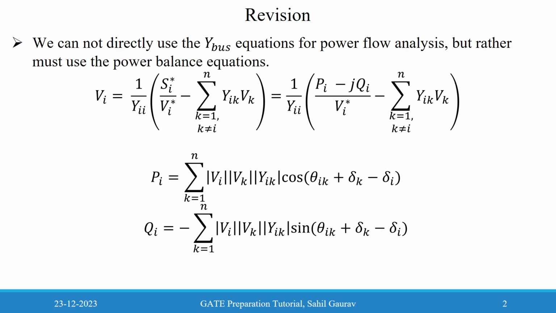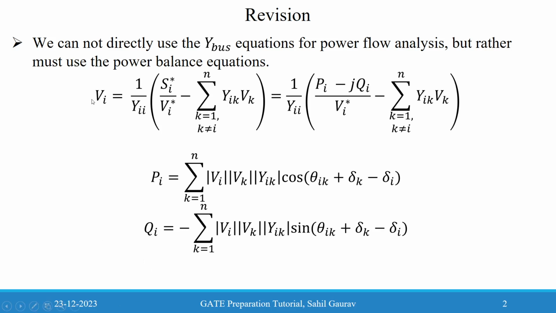The known quantities are either the power injected by the generator or the power demanded by the load. So for that we have to use the power balance equations, and these power balance equations also do not have a closed form solution, so we go for iterative methods like the Gauss or Newton method.